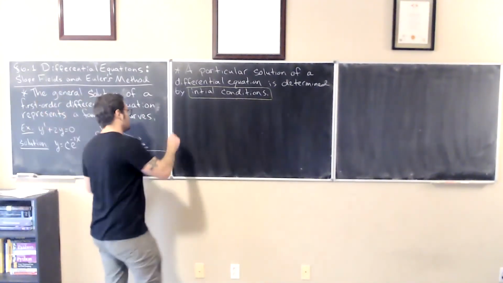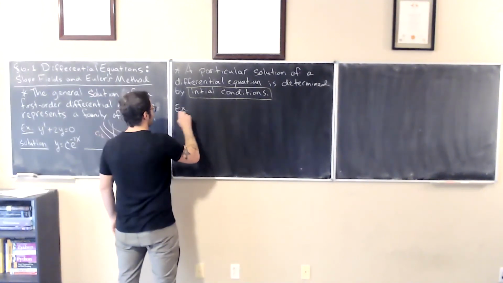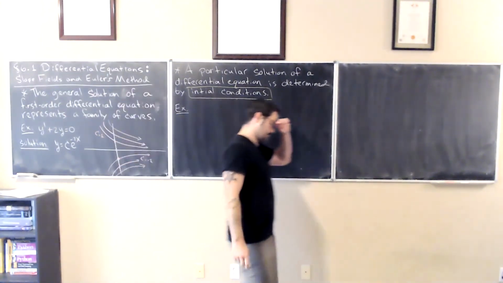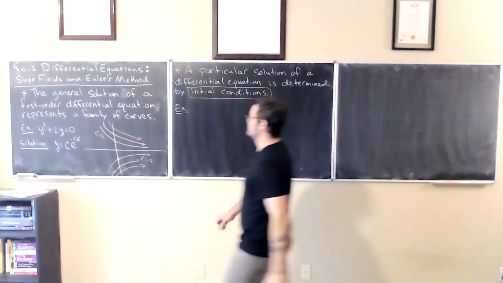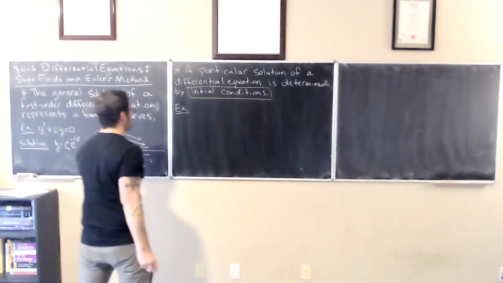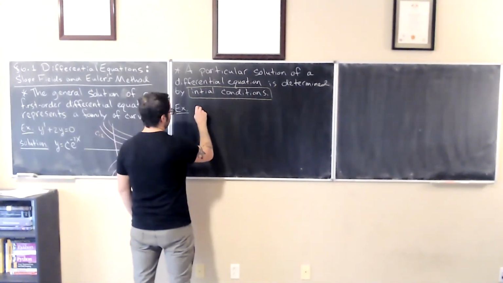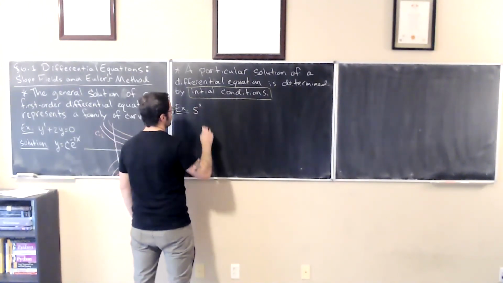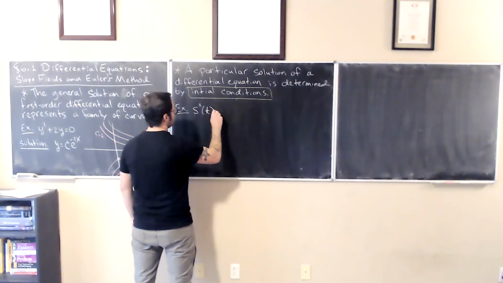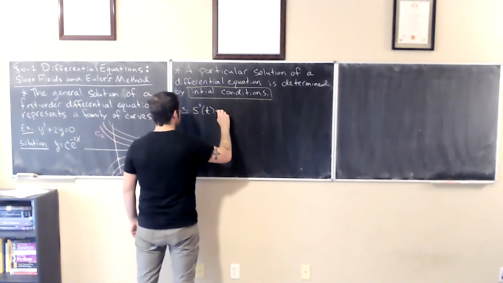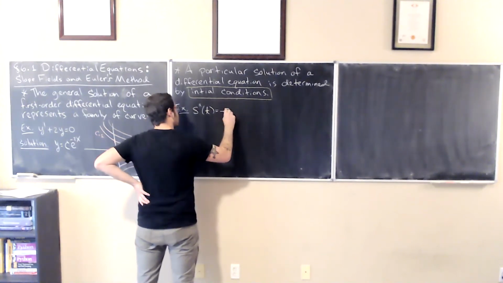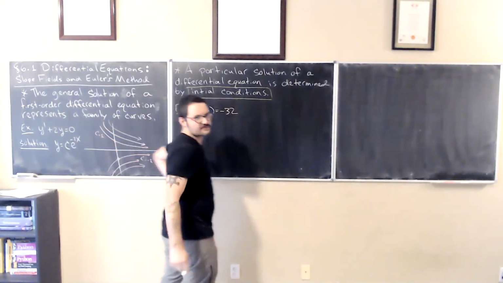Well, suppose we have some position that we're measuring, and we measure that the acceleration for a given time t is equal to negative 32 feet per second squared.